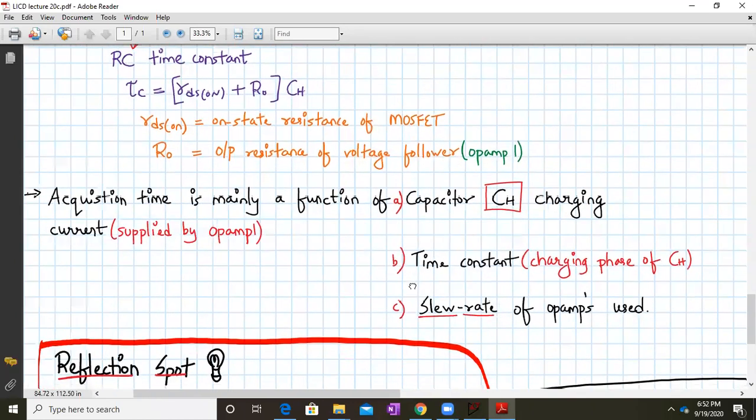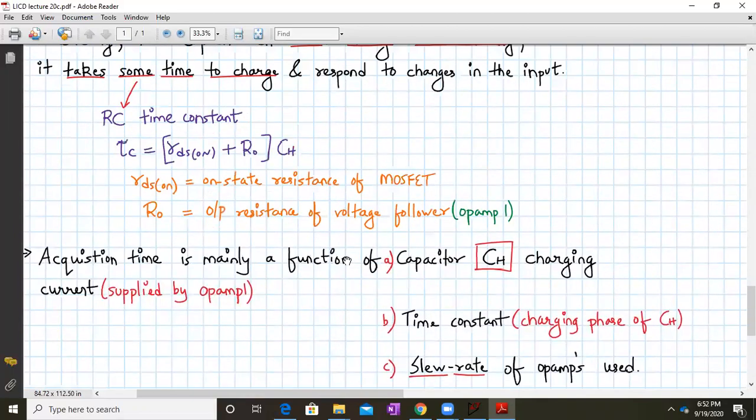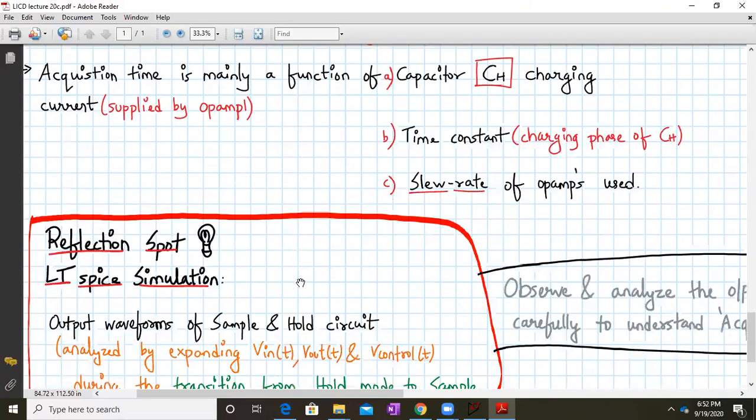So basically the acquisition time will be mainly a function of these three things. Again I repeat: the hold capacitor charging current, the charging time constant, and the slew rate of the op amp. So this will not allow the capacitor to charge instantaneously with the input value.